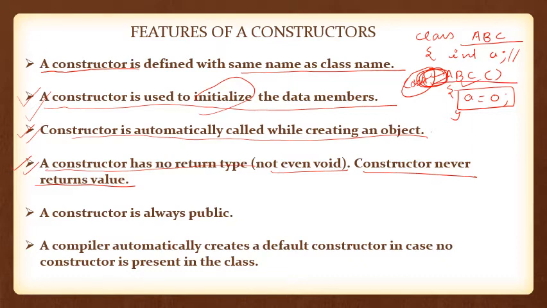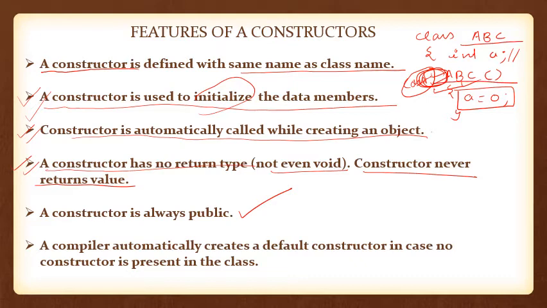Always remember. Next, a constructor is always public. There are three types of access specifiers: private, public and protected. So a constructor is always considered as a public access specifier.